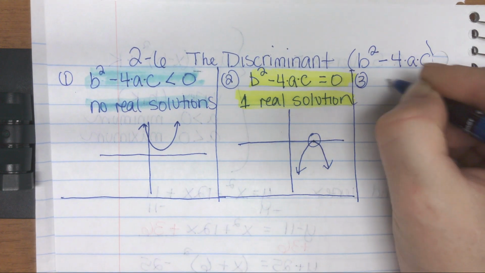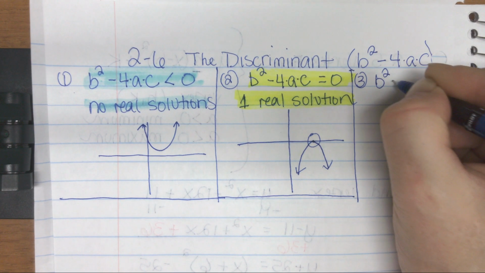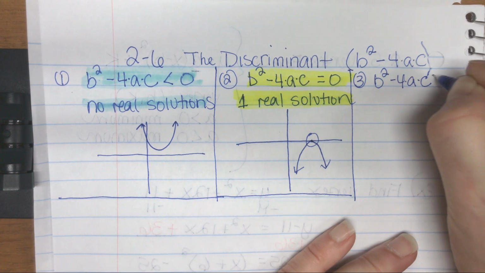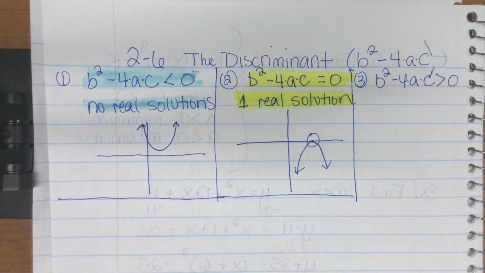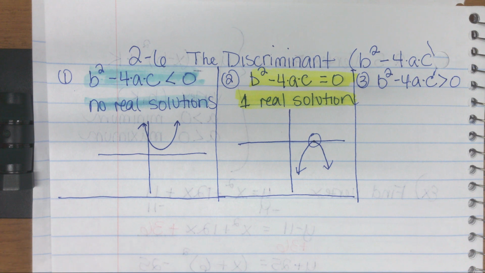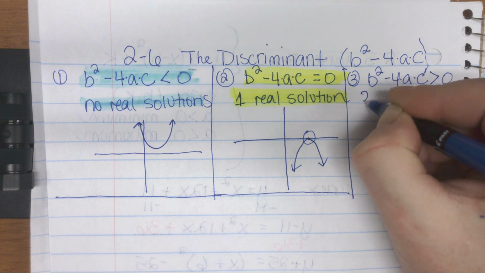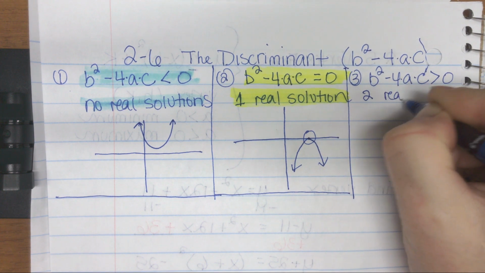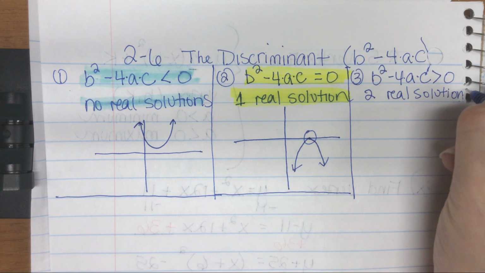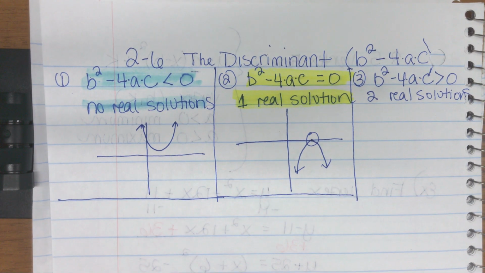Three. B squared minus 4 times a times c is greater than 0. If you don't know what that means, then you're going to write positive underneath there. And when b squared minus 4ac is positive, this has two real solutions.